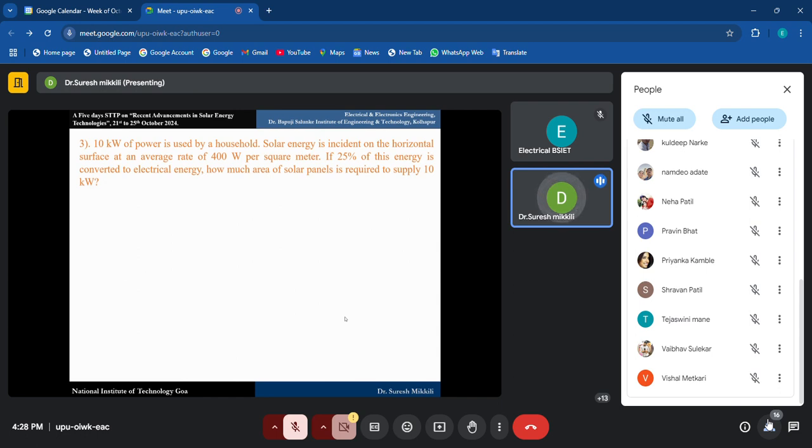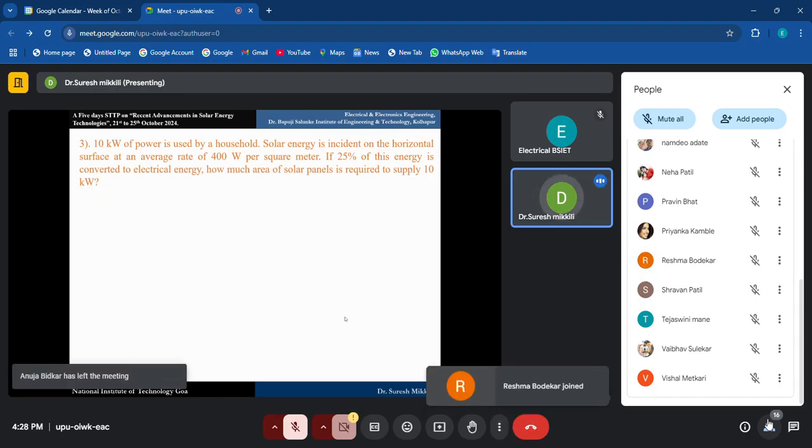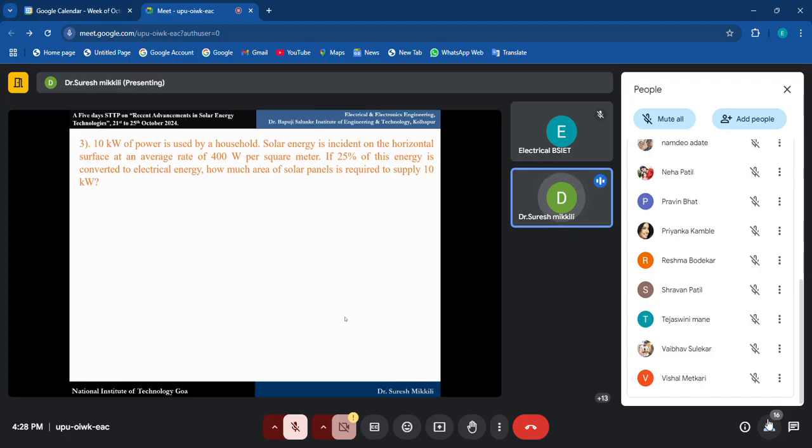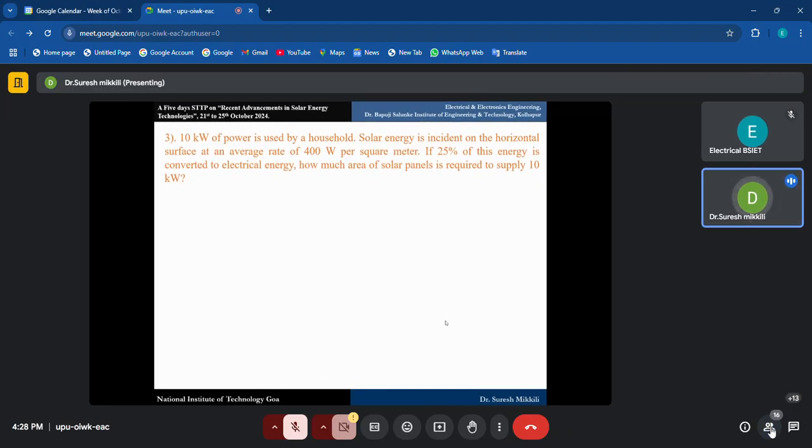Total output power is 10 kilowatt, and per square meter 400 watt is there. If 25% of this energy is converted to electrical energy, how much area of solar panel is required to supply 10 kilowatt?